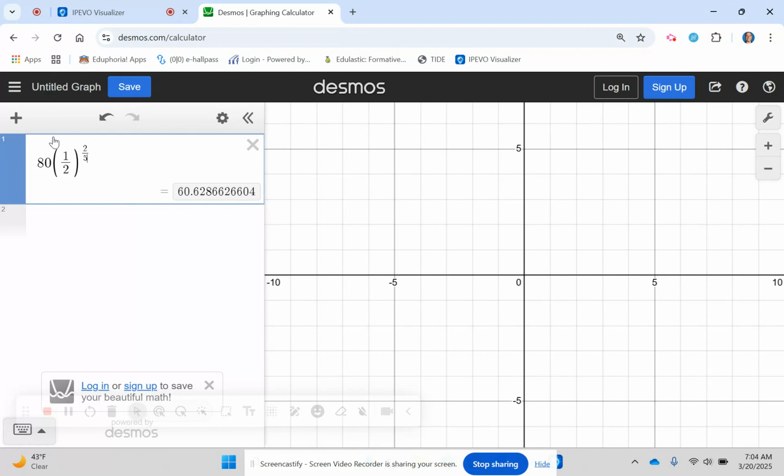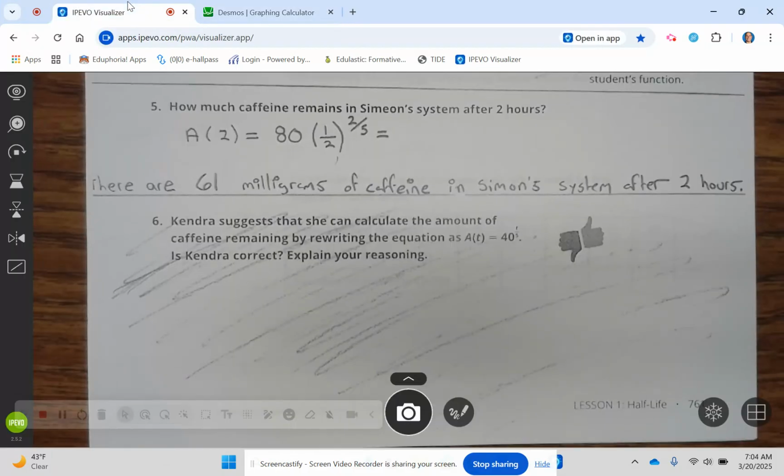Okay, so let's round that to 1 decimal place, so that's 61 milligrams. So there are 61 milligrams of caffeine in Simone's system after 2 hours.